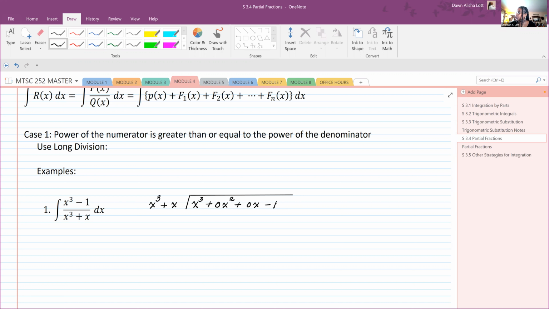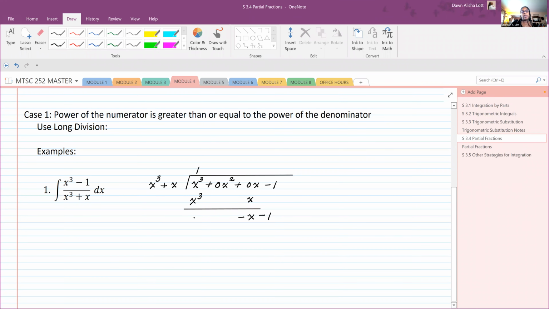Okay, so x cubed goes into x cubed one time. So 1 times x cubed is x cubed. All right, and then we have to multiply the 1 times the x. So that's going to give us an x here. Then we will subtract. So x cubed minus x cubed gives us nothing. 0 minus x is going to give us a negative x, and then we're going to bring down the negative 1.